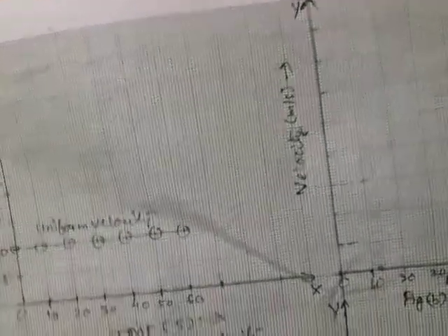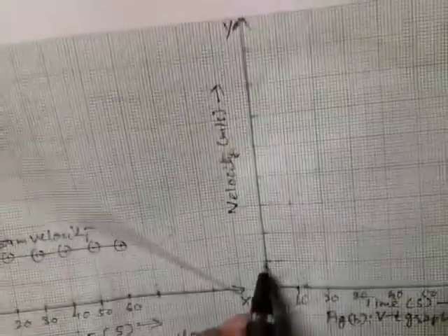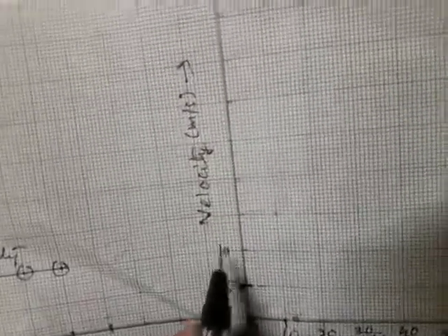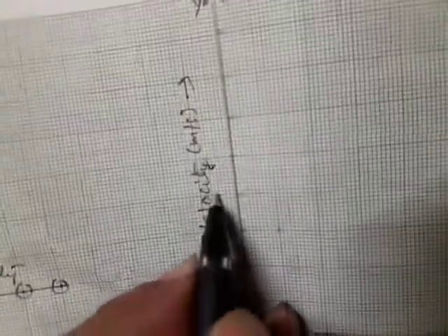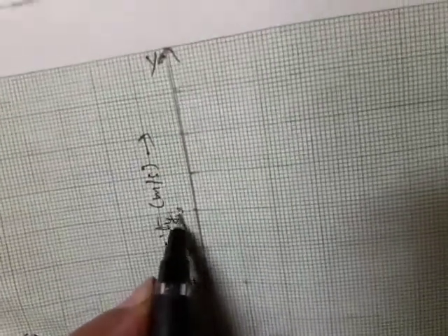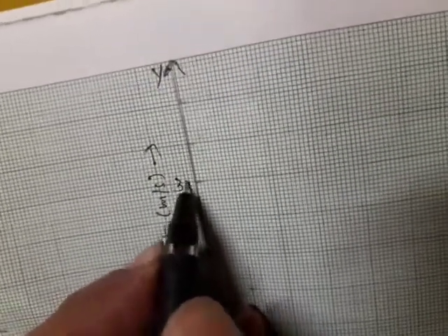Sorry, velocity is mentioned here: 5, 10, 15, 20, 25, 30, 35, etc.